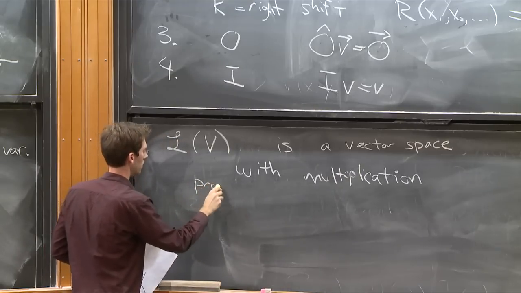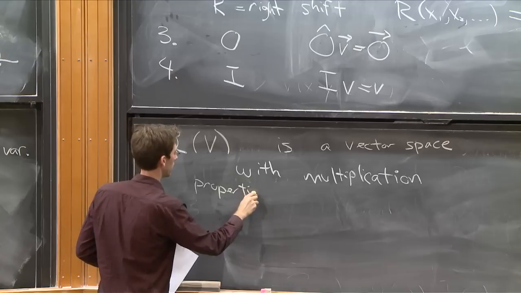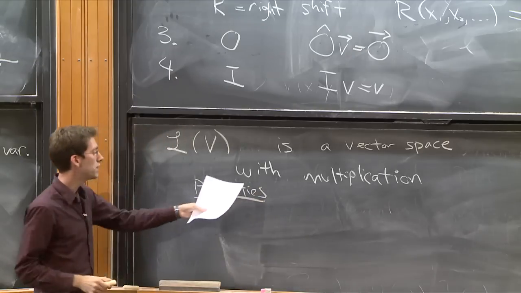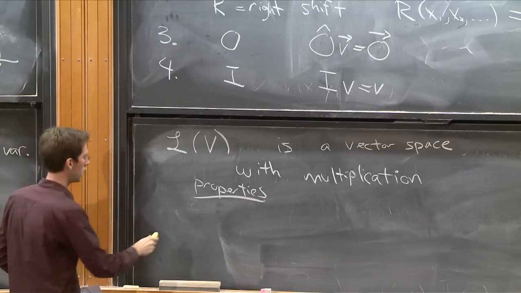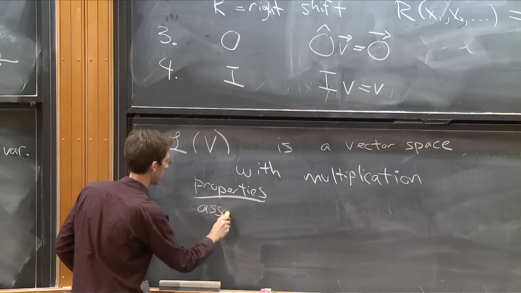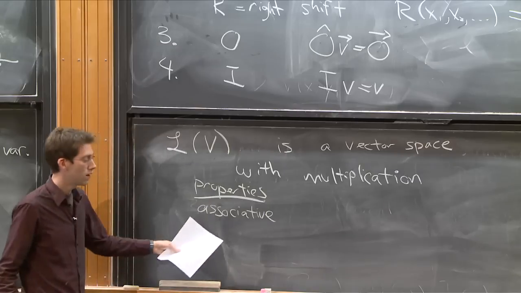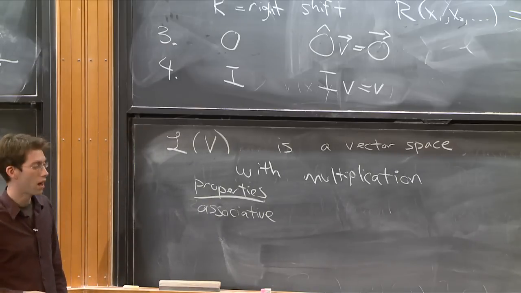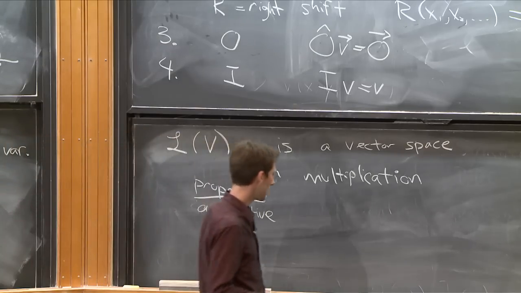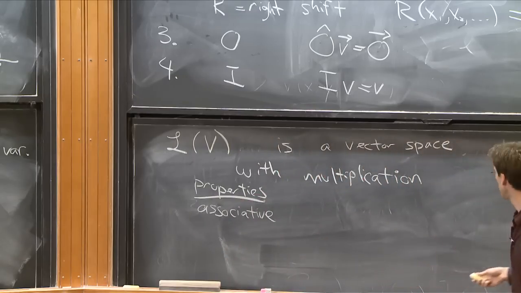So the properties that the multiplication does have: first is that it's associative. So let's see what this looks like.